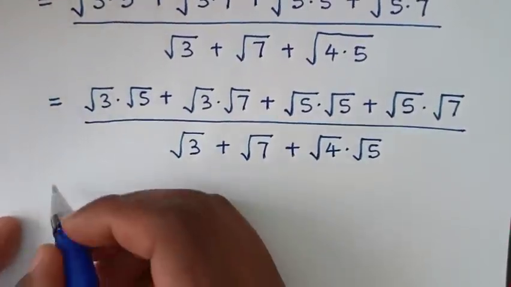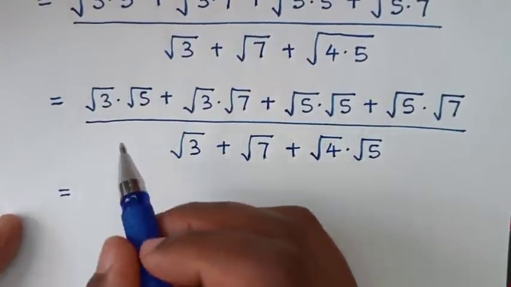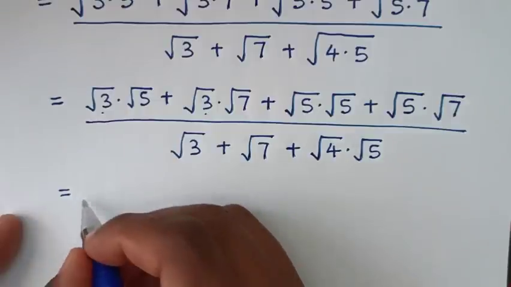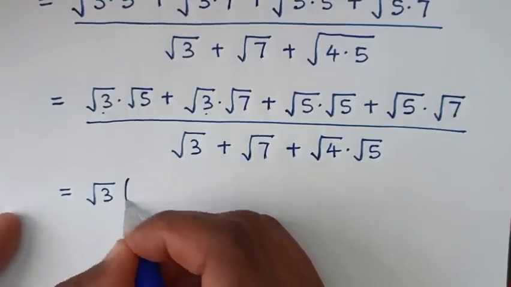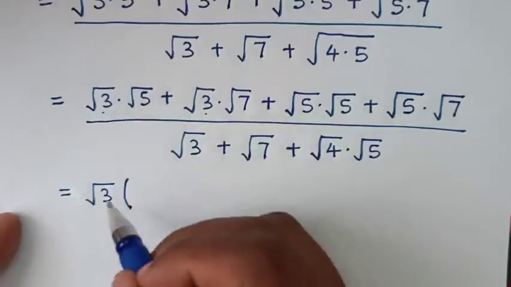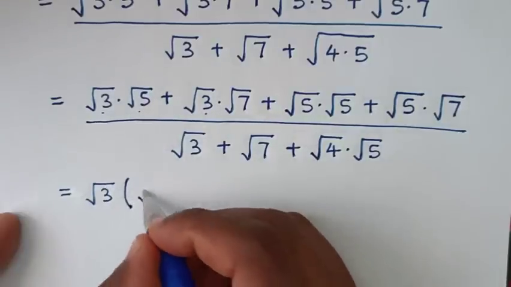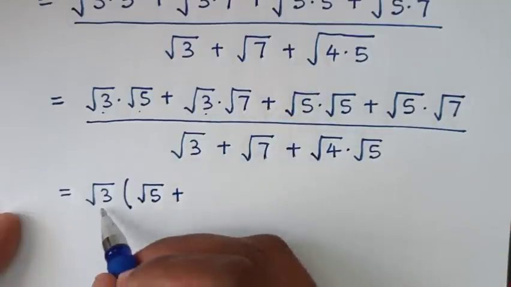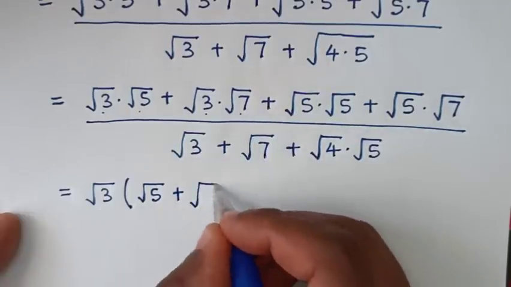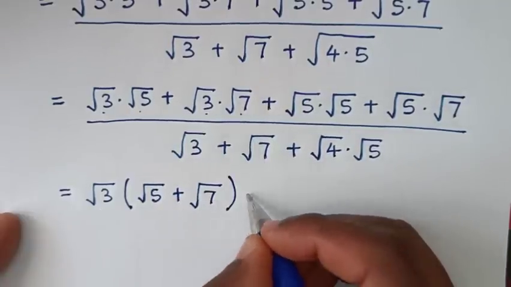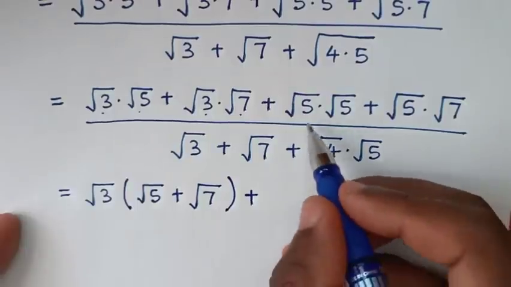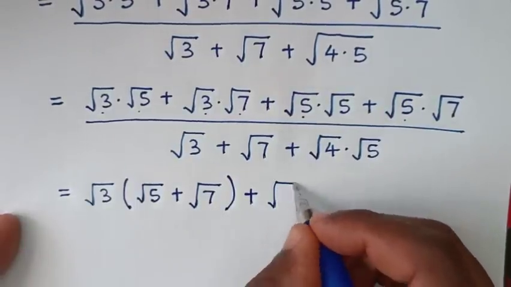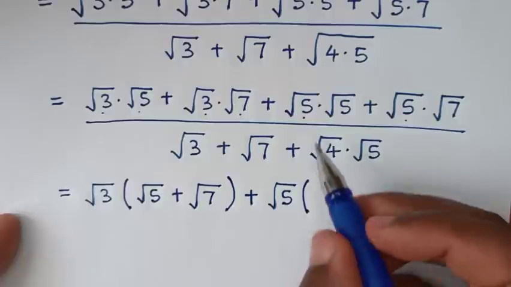Then in the next step, it will be equal to, from here, square root of 3 is common, so we'll take square root of 3 out of the bracket. This divided by square root of 3 is square root of 5, plus this divided by square root of 3 is square root of 7, bracket. Then plus, here square root of 5 is also common, so we'll take square root of 5 out of the bracket.